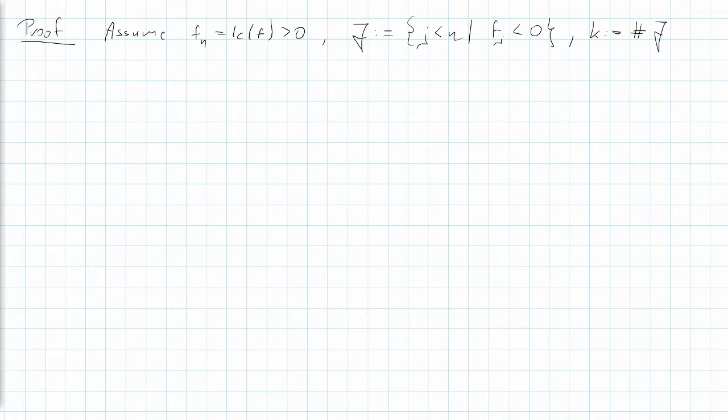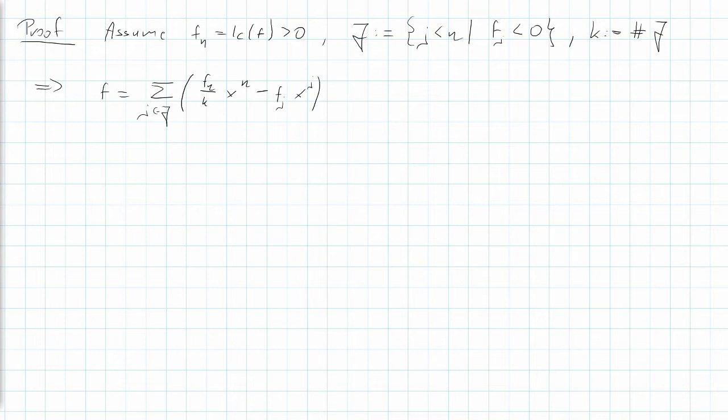So now f can be expressed as a sum. f is a sum for j in this set J. So we are summing over all the negative coefficients of f. And now we have f_n over k times the nth power of x minus f_j times the jth power of x.